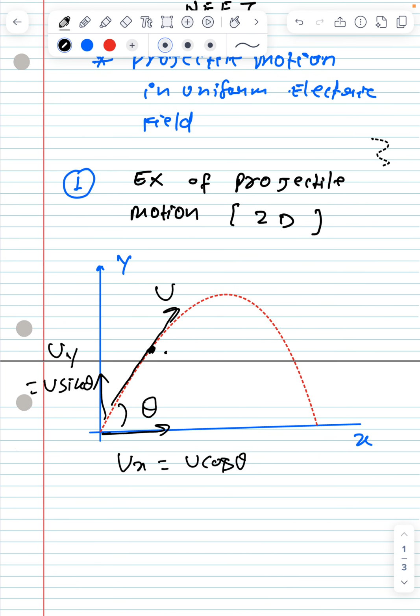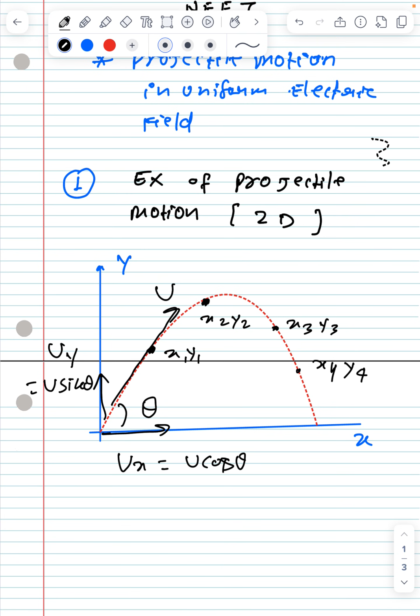With respect to the angle of projection, we divide it into two parts, meaning components of the projectile velocity: u x equal to u cos theta, and the vertical component of projectile velocity u y equal to u sin theta. This path is a projectile path, and the motion of the ball is an example of projectile motion.